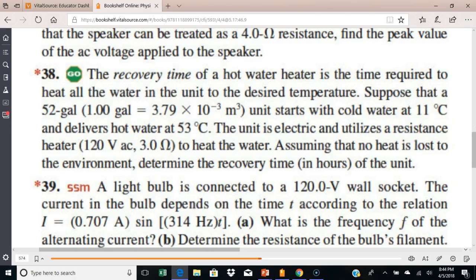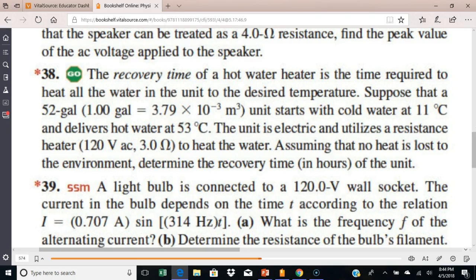What do I got here? Determine the recovery time in hours. Okay? So I've got energy. What do I have here? Energy used to heat the water, right? From 11 degrees to 53 degrees. So I've got power equal to energy divided by time. I'm looking for the time here, aren't I?